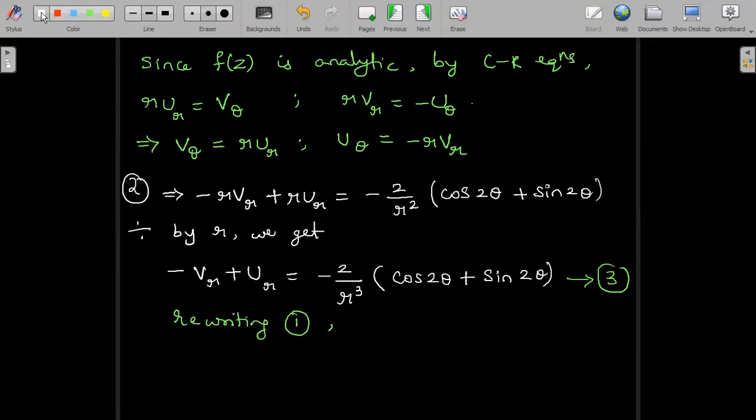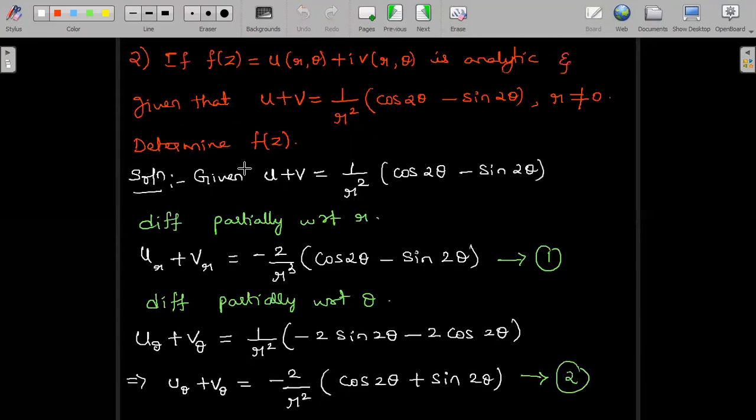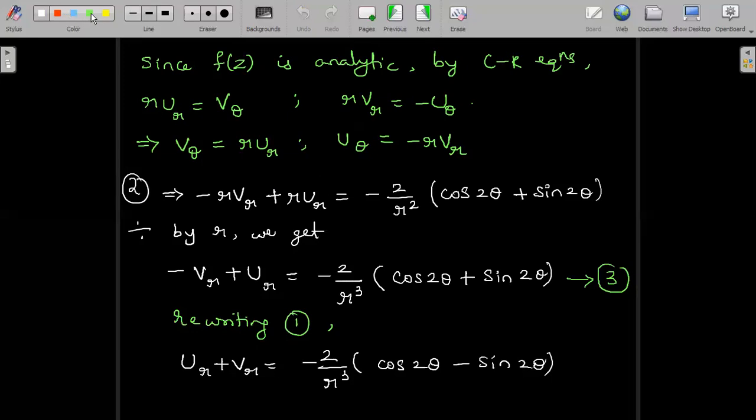So this is ur plus vr is equal to minus 2 divided by r cube into cos 2 theta minus sin 2 theta. This was equation 1 for us, no? Yes, minus 2 by r cube cos 2 theta minus sin 2 theta. Left hand side is ur plus vr. So now I will call this equation 1 itself because we just rewrote equation 1 for convenience to solve simultaneously one below the other.